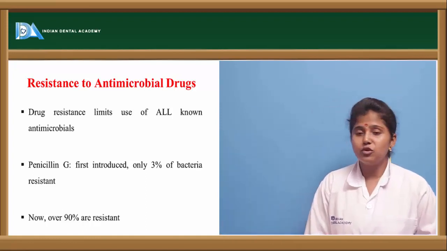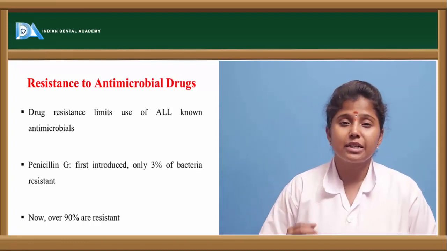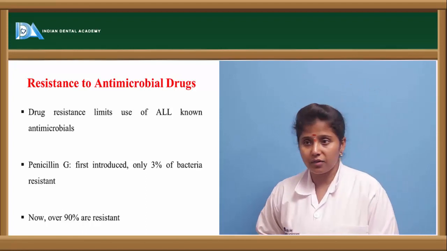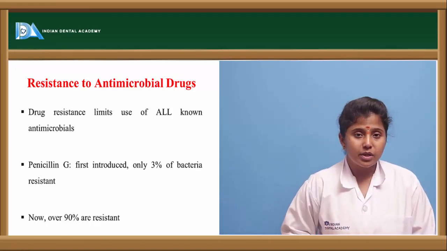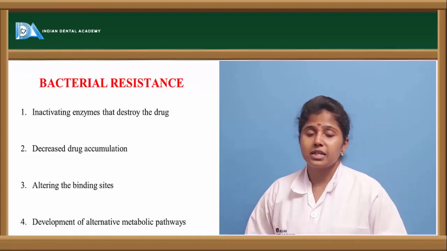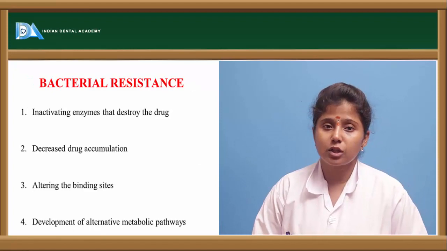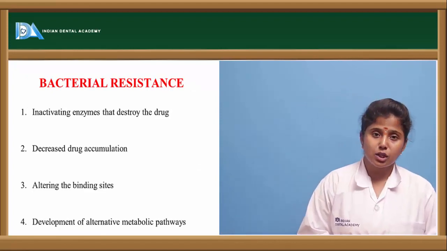Penicillin G, when first introduced, was resistant against only 3% of bacteria. But now it is resistant against more than 90% of the bacteria. So why is the resistance caused by the bacteria? Because it inactivates the enzymes that destroy the drug.